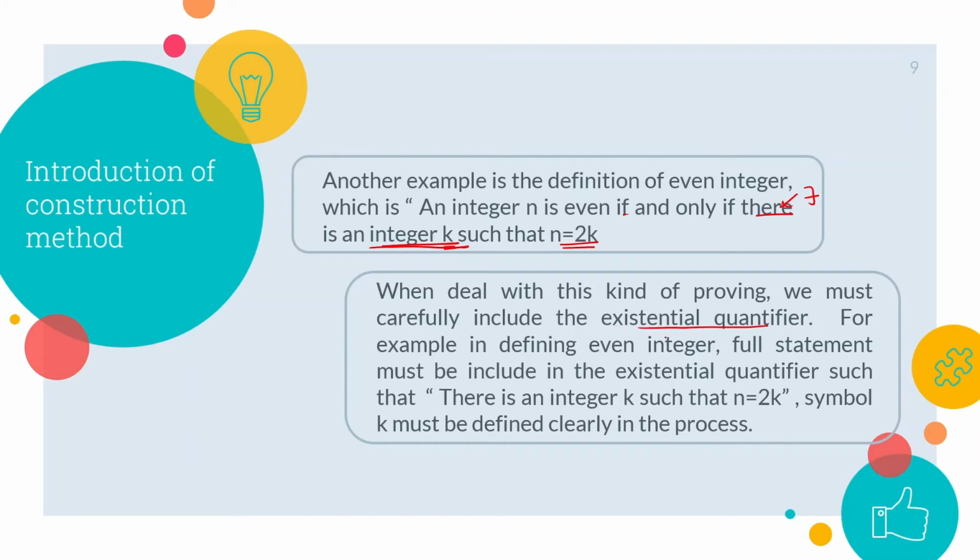For example, if defining even integer, the full statement must be included in the existential quantifier: there is an integer k such that n equals 2k. The symbol k must be defined clearly in the process. So if you are adding some variable or unknown, you must define it clearly.